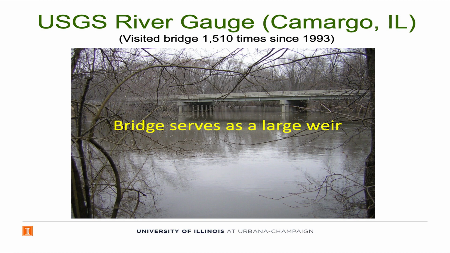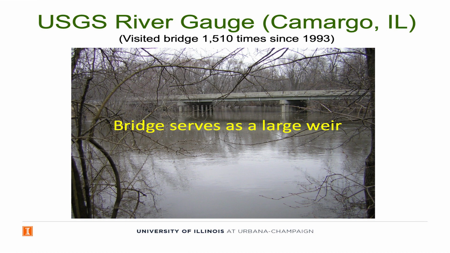So the USGS uses the bridge there near Camargo as a weir structure, and so they're able to gauge the flow. We multiply by concentration and we get load, and since 1993 we've driven to that bridge 1,510 times.